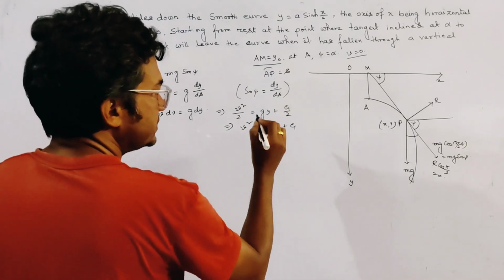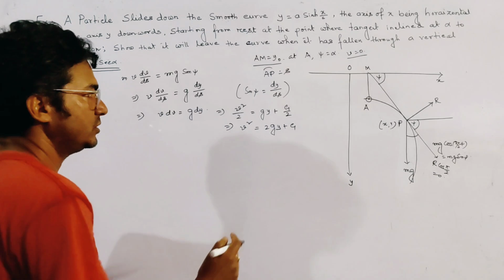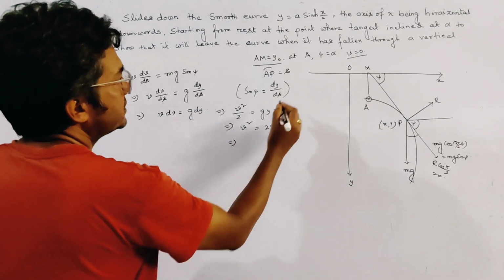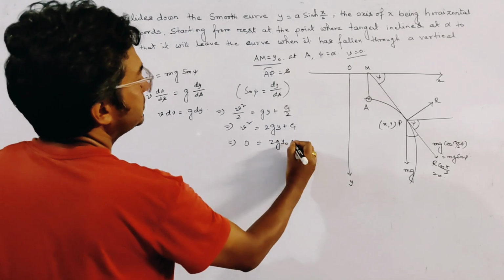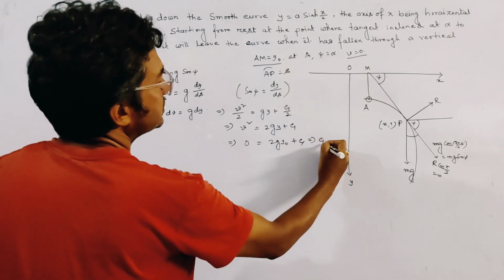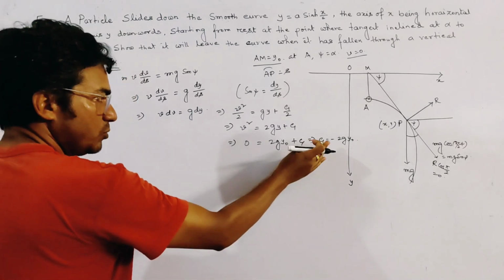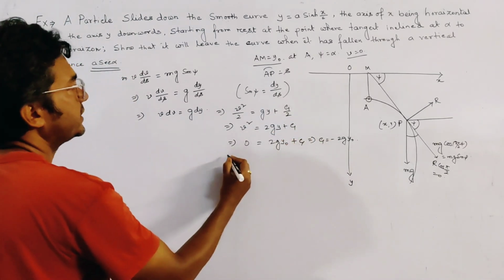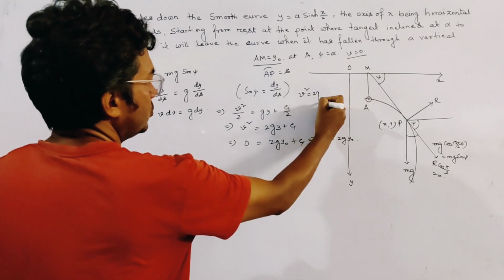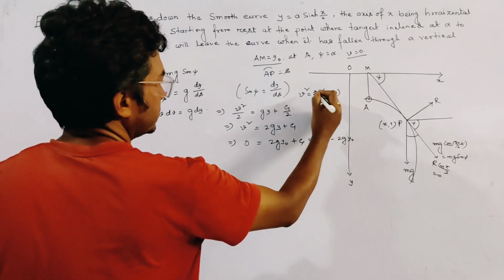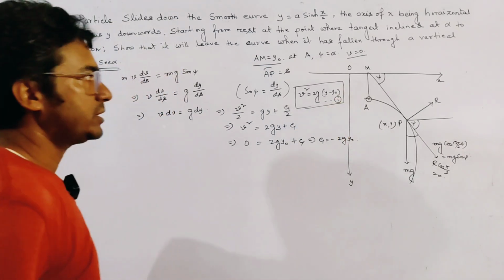By putting the initial condition, that is the condition at A, where v is equal to 0, we get 0 equal to 2gy0 plus c1, so c1 is equal to minus 2gy0. Now putting the value of c1 here, we get the relation v squared is equal to 2g(y minus y0). We name this relation as relation number 1.